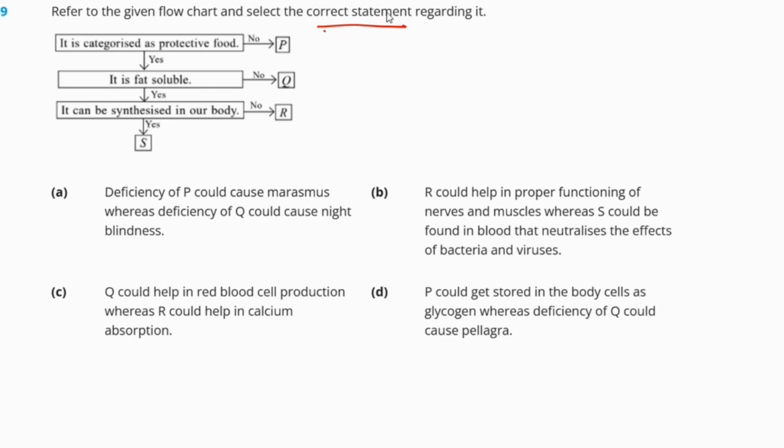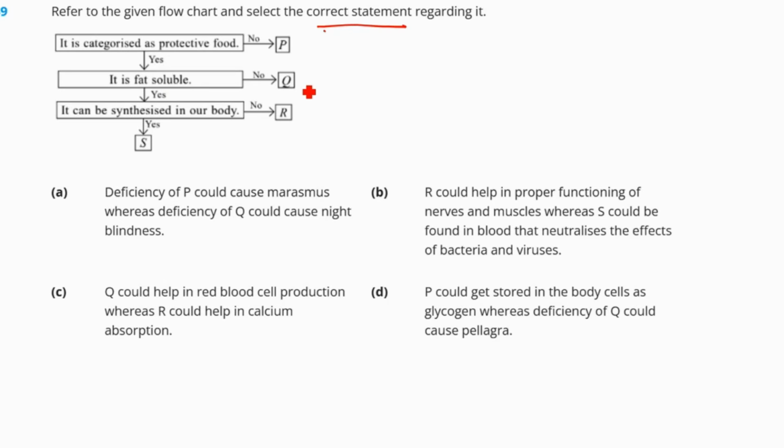Okay. So here we can understand it is categorized as protective food. No. So P can be any fatty food. Any type of fatty food. Yes. It is fat soluble. No is Q.